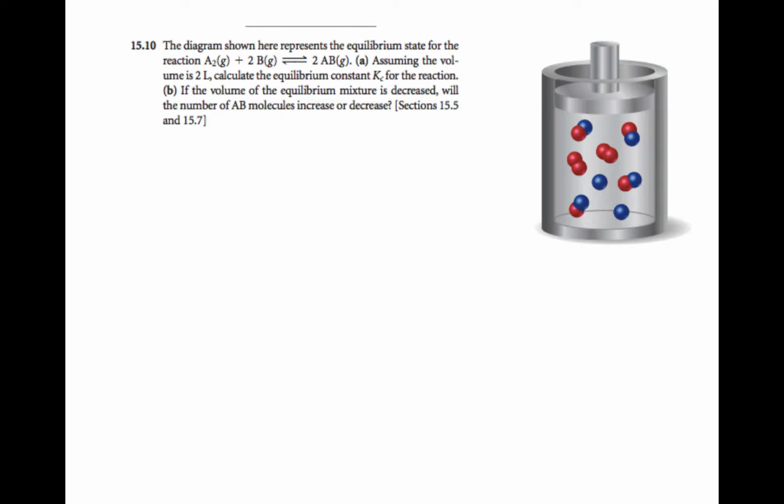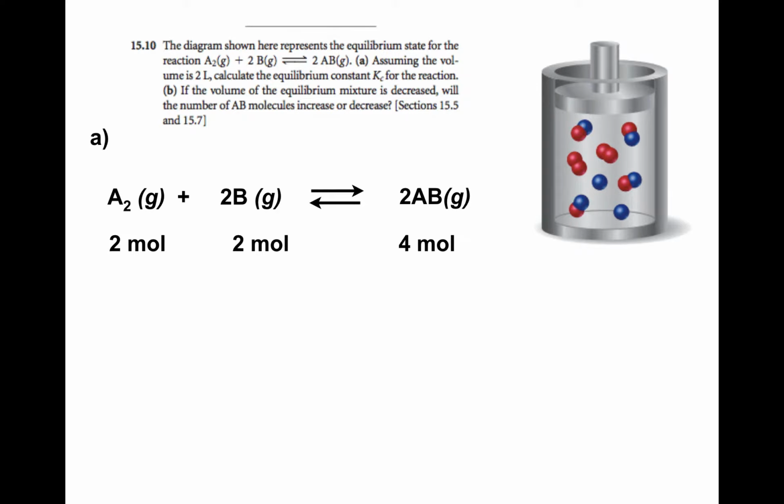The diagram shown here represents the equilibrium state for molecule A reacting with 2 moles of B to make 2 moles of AB. Assuming the volume is 2 liters, calculate the equilibrium constant Kc for the reaction. All right, so looking at my container there, I've got 2 red molecules and 2 blue ones just sitting there, and I've made 4 AB ones.